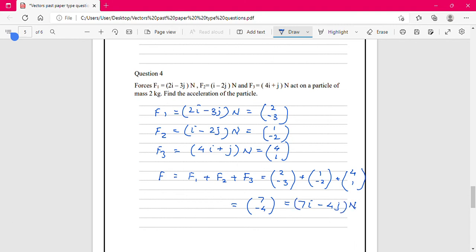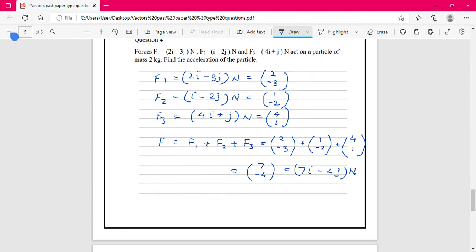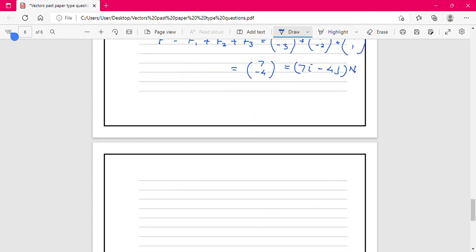Whenever a resultant force acts on the particle, the particle will accelerate. So by Newton's second law, F is equal to m into a. So that is (7, -4) equals the mass of the particle, 2 kg, into a.